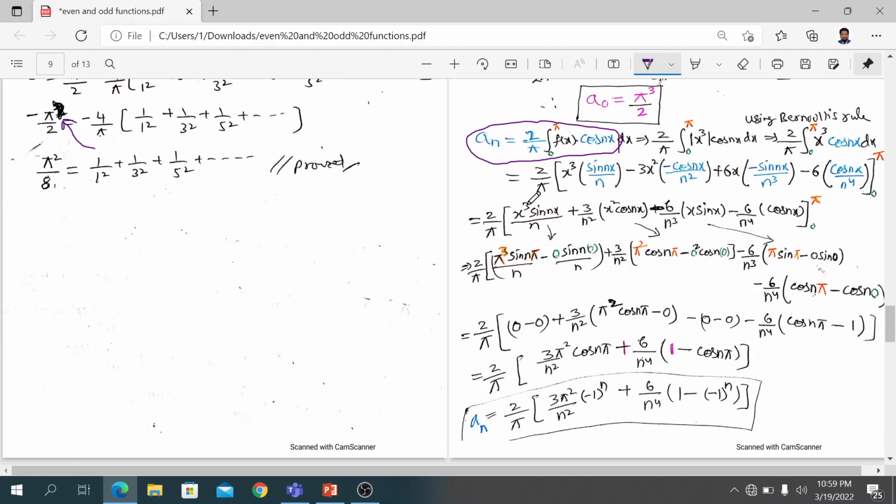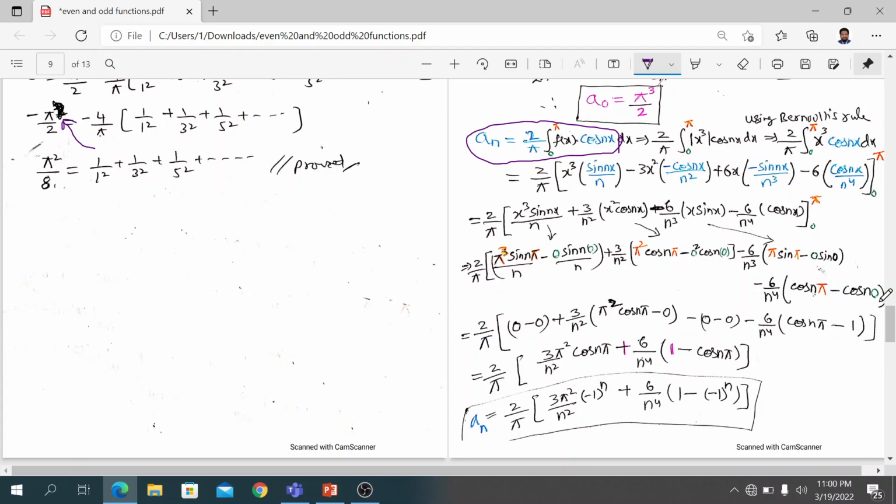Here pi cube sin n pi by n minus 0 cube sin n 0 by n, plus 3 by n square, pi square cos n pi minus 0 square cos n 0, minus 6 by n cube, upper limit minus lower limit, pi sin pi minus 0 sin 0, minus 6 by n power of 4, cos n pi minus cos 0.